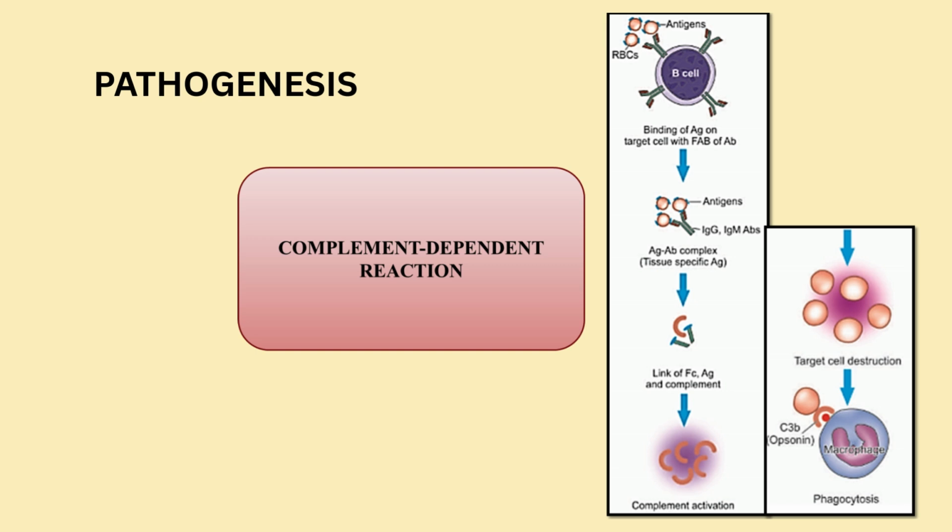Let's understand what is the complement dependent reaction. In a target cell, the antigen ends up binding at the fragment antigen binding area of the antibody.